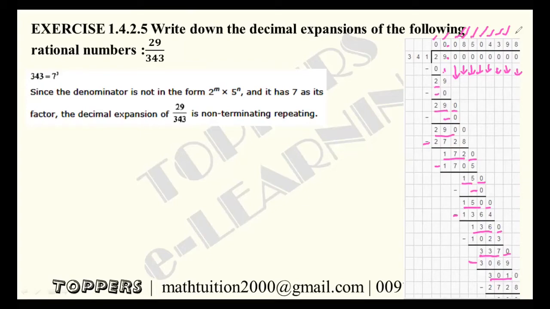How many times? 8 times. 8 times 343 is 2744. So here again, 8 is repeating. So we got the repetition block.